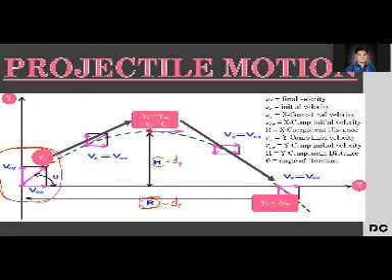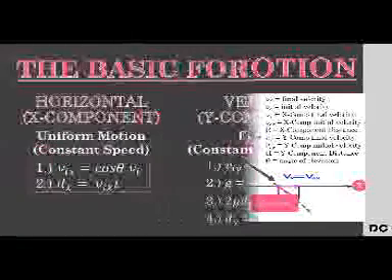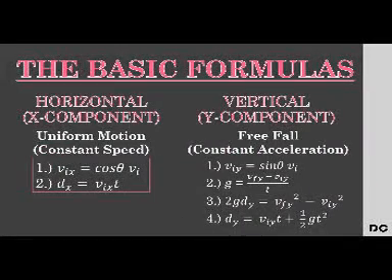And unlike the translational motions and the free fall motions, which use the same equations, this time, since projectile motion has two components, the x and y components, we are also using different equations in each component. These are the basic formulas to be used in projectile motion.